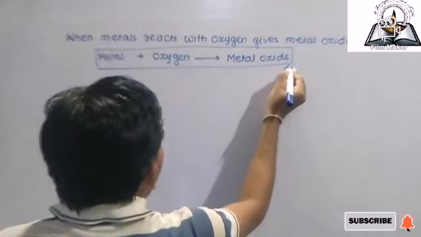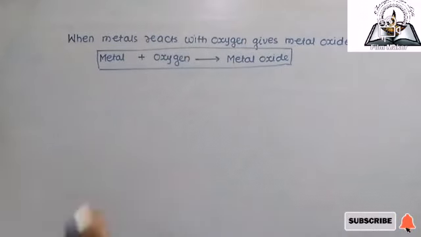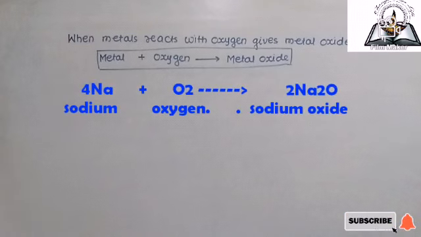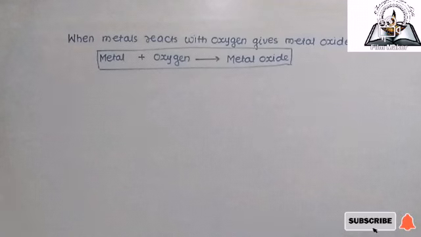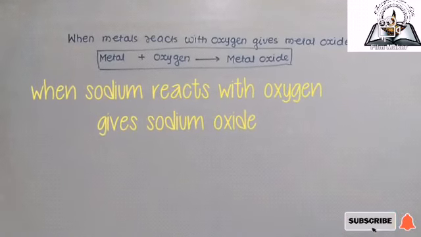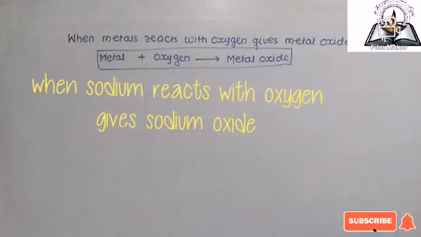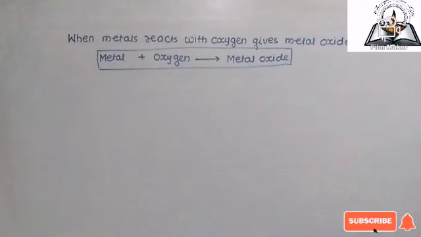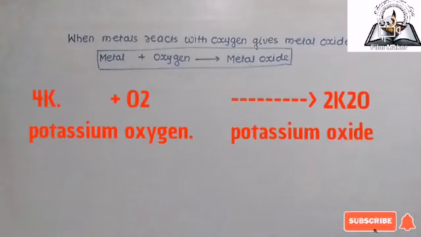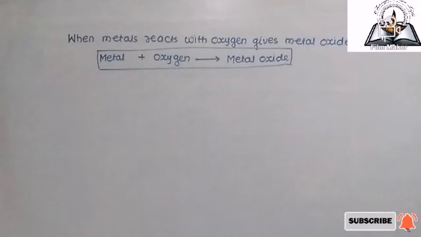बराबर है. हाँ, उसके बाद में हमें देखना है examples के साथ. For example, reaction with sodium. When sodium reacts with oxygen, it gives rise to sodium oxide. Next one is potassium. Potassium reacts with oxygen, it gives rise to potassium oxide.